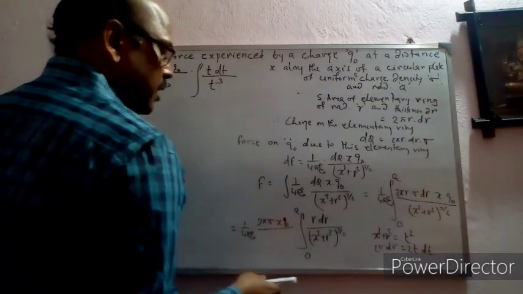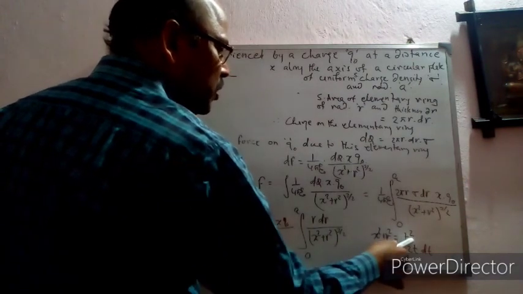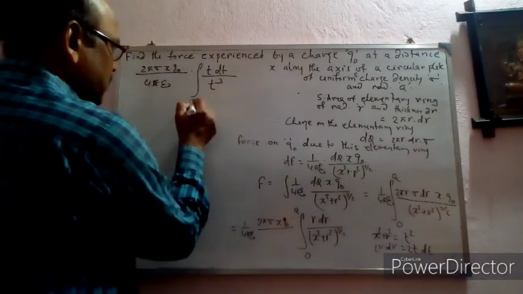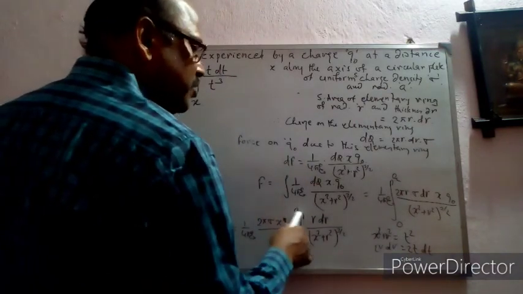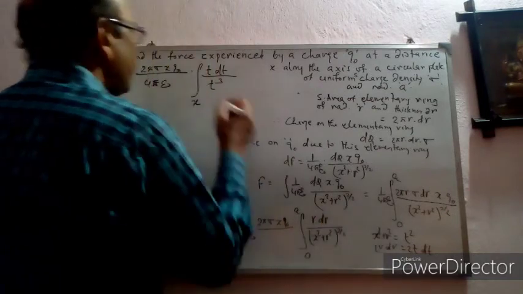Now when r is equal to 0, t is equal to x, and when r is equal to a, t is equal to square root of x square plus a square.